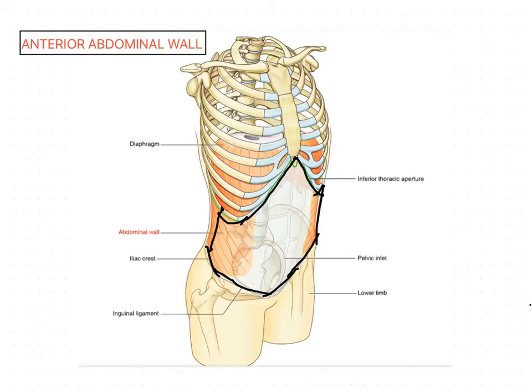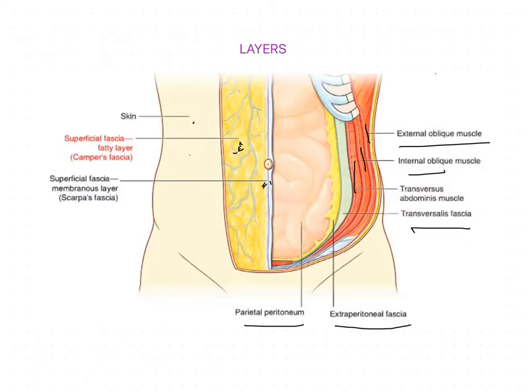Now we are going to see the layers. What are the layers present in the anterior abdominal wall? The first layer is the skin, and the next layer is the superficial fascia.